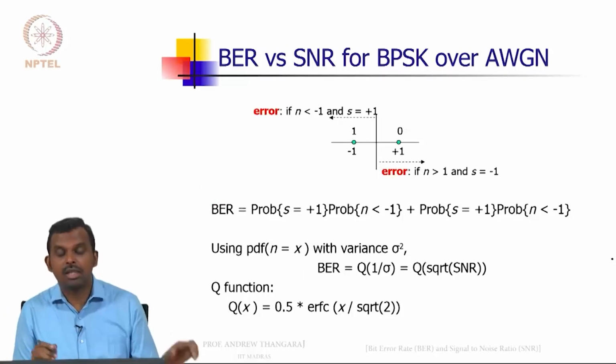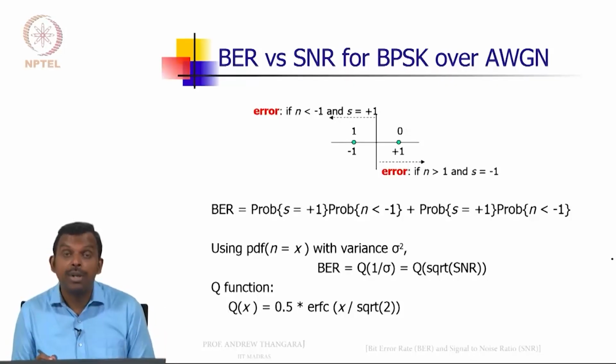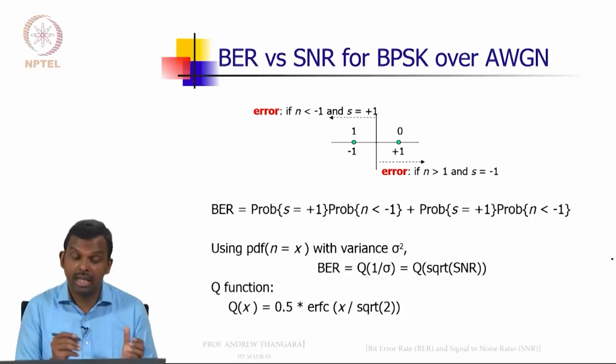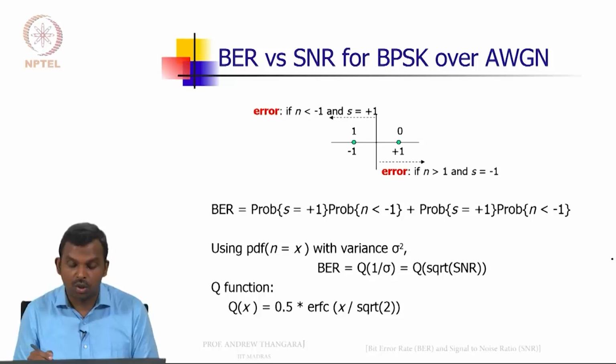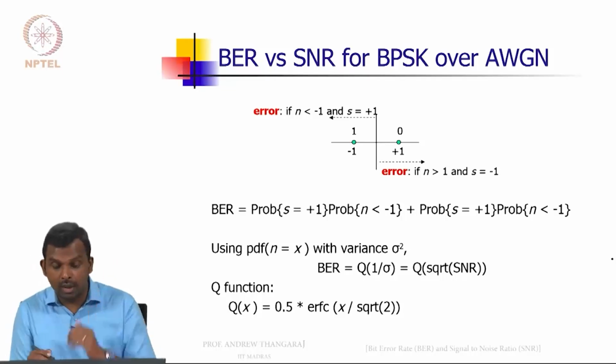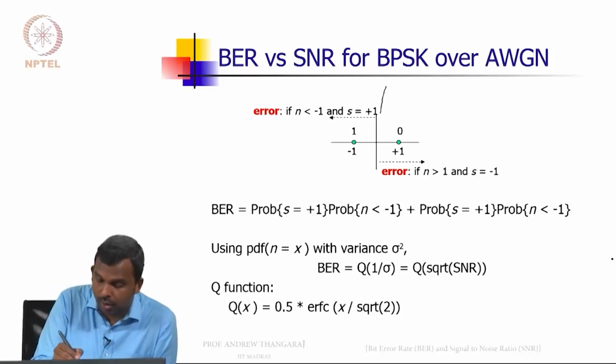Okay. So, now that we have SNR, how do we do bit error rate? For BPSK AWGN, what is BER versus SNR? How do you compute bit error rate? Here is a picture to show what happens. Remember, we are going to use a threshold at 0.